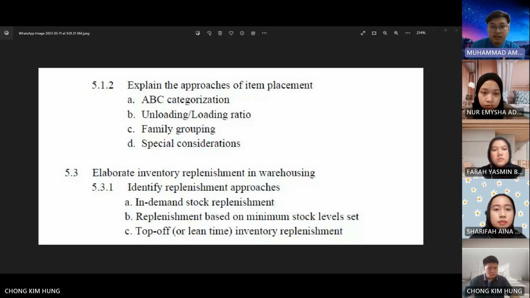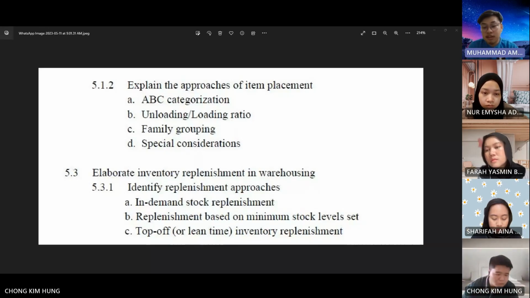For the last one, special consideration. The way an item is received, stored, picked, packed, and shipped may be dictated by the item itself. If the item is extremely heavy and special equipment is required to maneuver it, then special consideration may be needed when determining where to position the item within your warehouse.